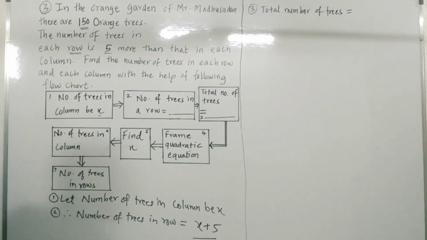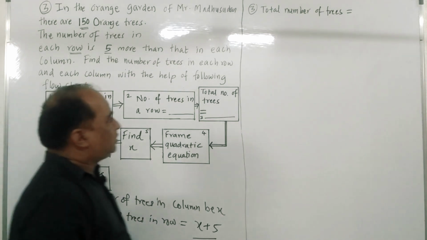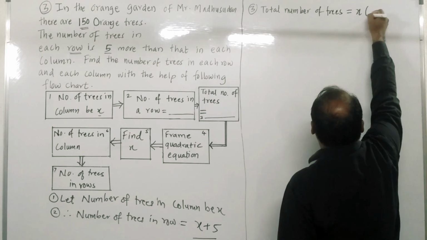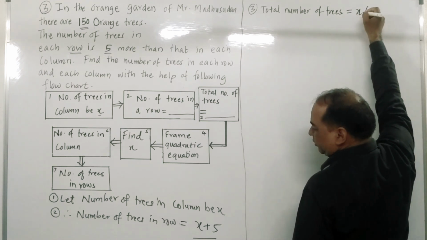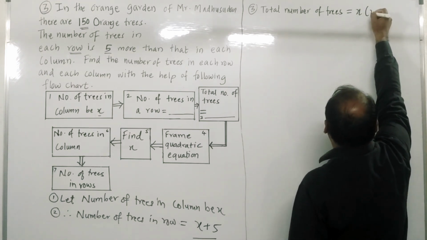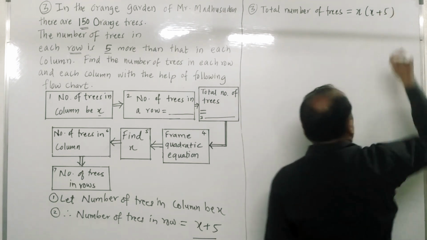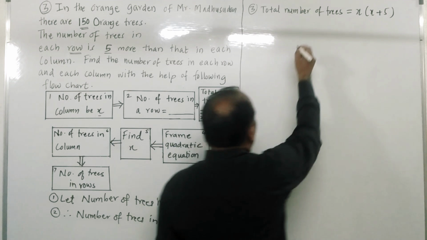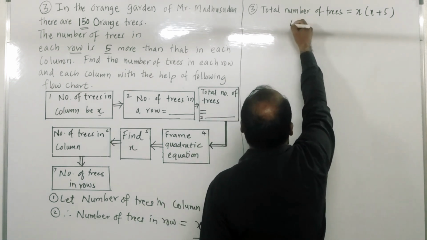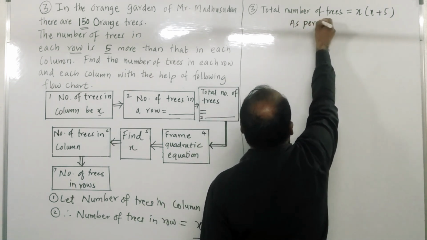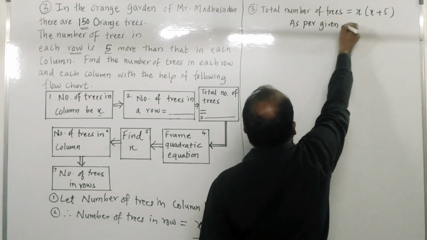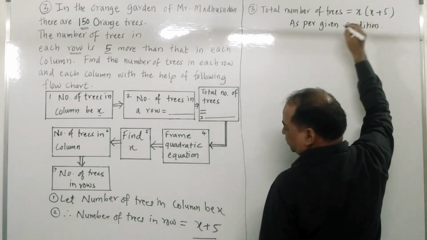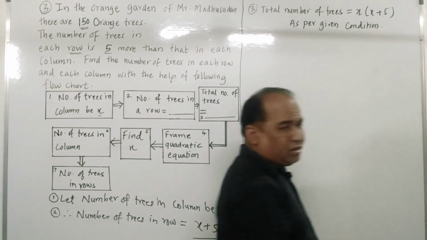So third step, the total number of trees in the garden is the product of the number of trees in the row into the number of trees in the column, that is x into x plus 5. Now, the fourth step, you have to frame the quadratic equation.